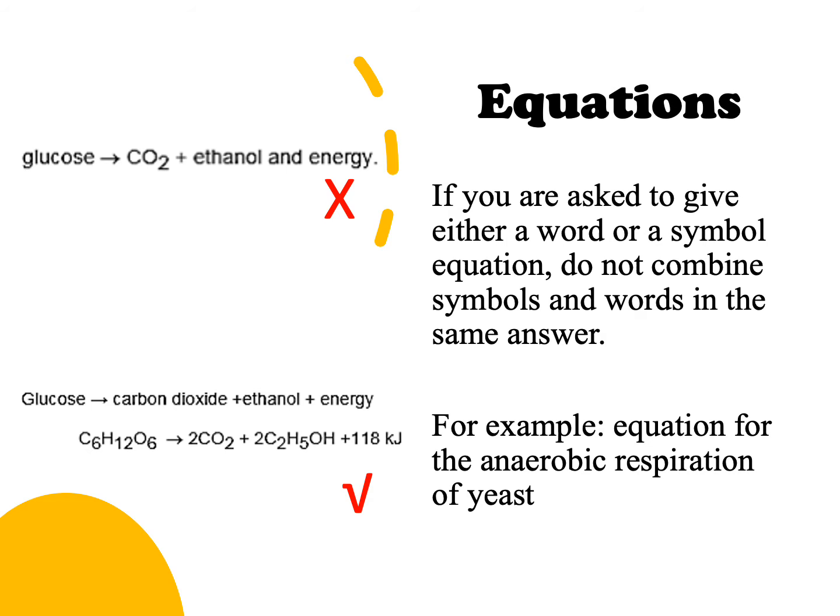For example, on your left side, it is the equation for anaerobic respiration. On the top, it is a wrong answer because it combines the word and symbol equation within the same equation. The bottom is the correct example of a symbol equation or word equation.